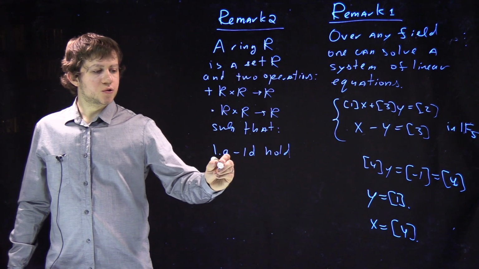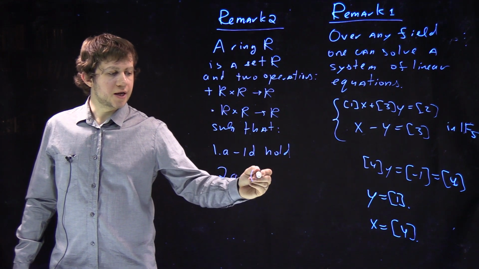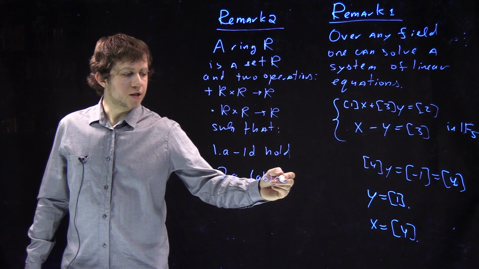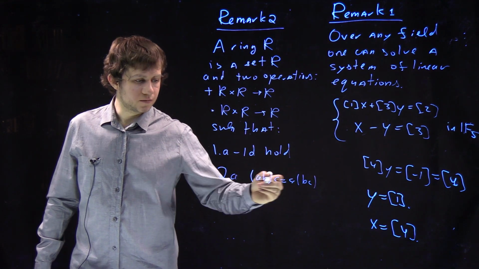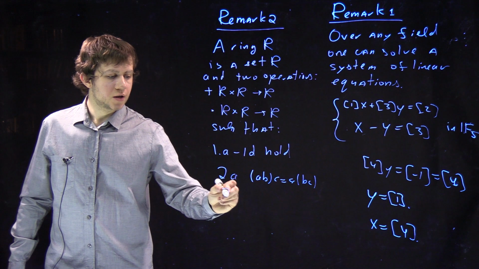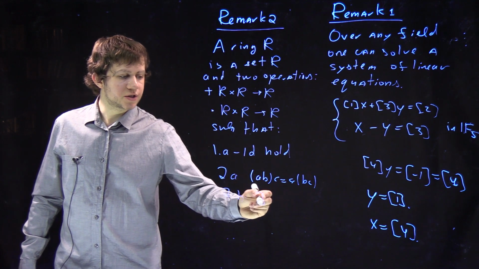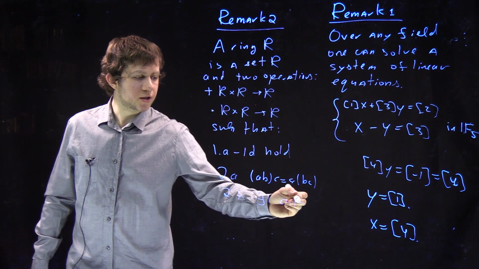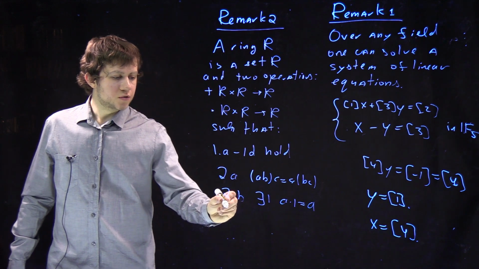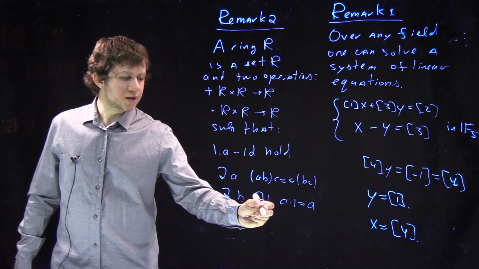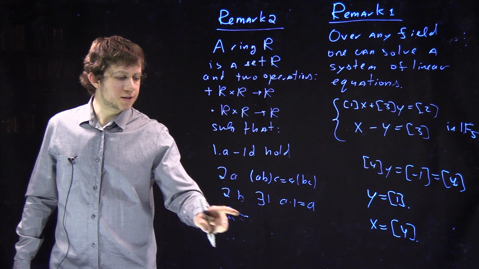Then 2a, let me just remind you, a times bc equals ab times c holds. Multiplication is associative. 2b also holds, there exists a unit. a times 1 equals a. 2c is that, yeah, and that's it.